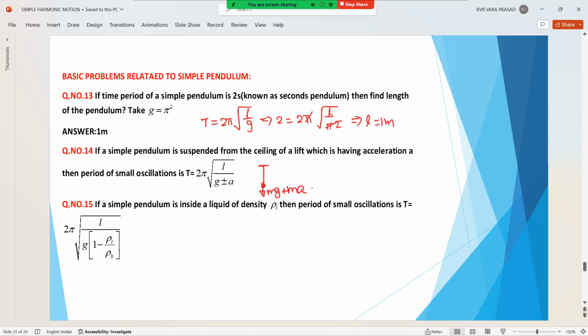That means now in the place of g we are writing it is g plus a when acceleration is upwards. If acceleration is downwards, then writing in the place of g it is g minus a. Like this we can solve questions in lift frame. Now see next problem.